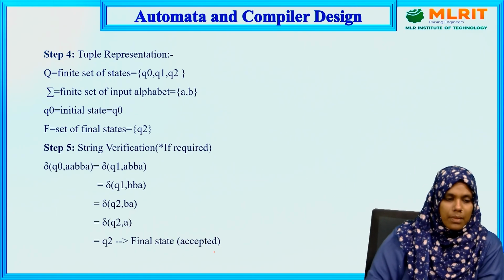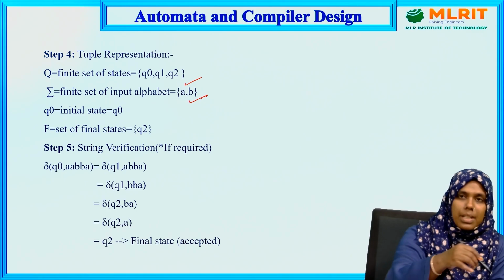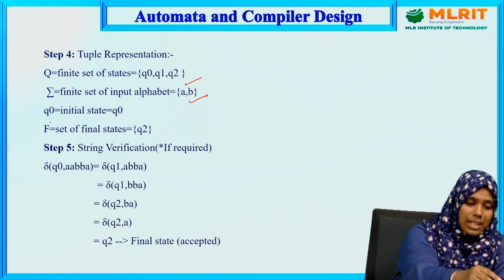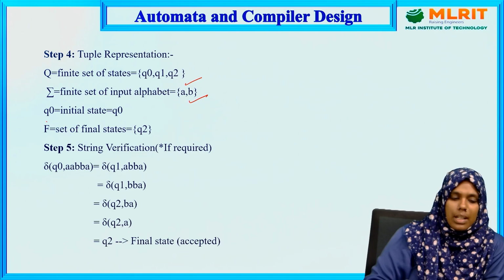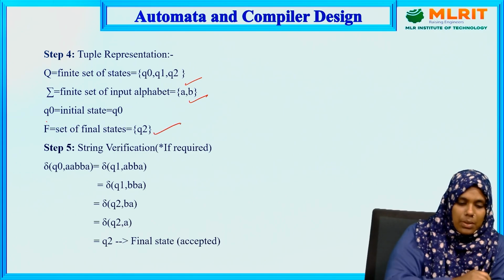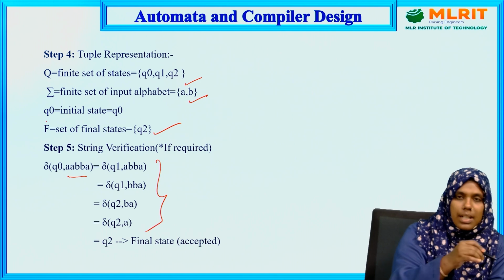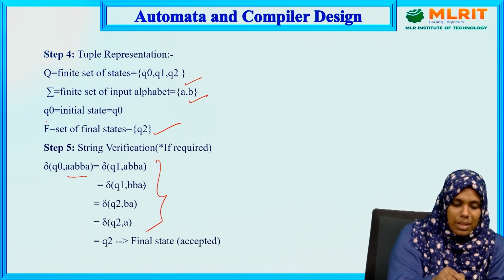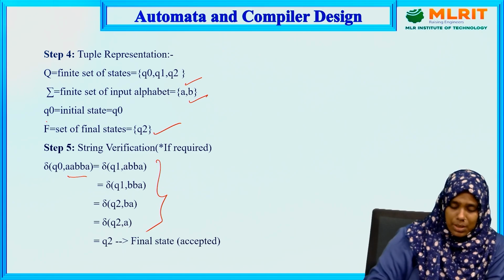As we have taken 3 states, Q0, Q1, Q2, and the input alphabet A, B, the initial state is Q0 and the final state is Q2. Now let's take one string and verify whether it is accepted.